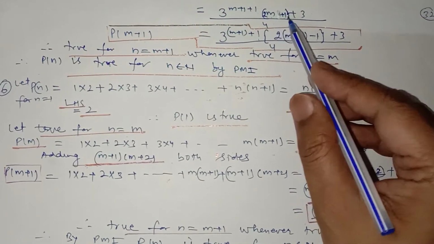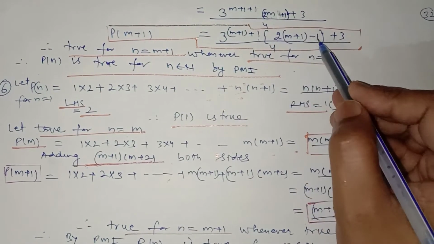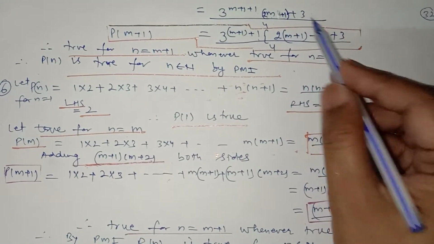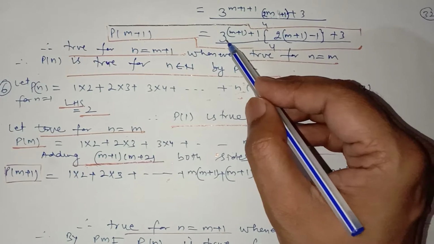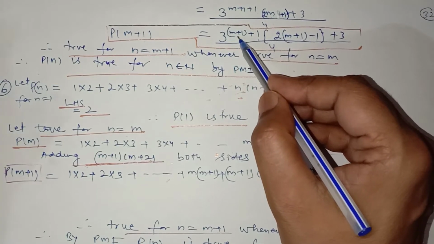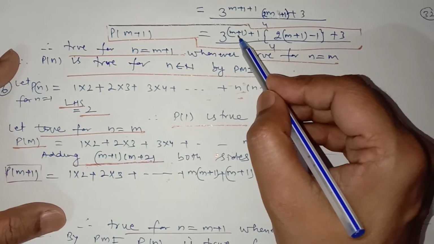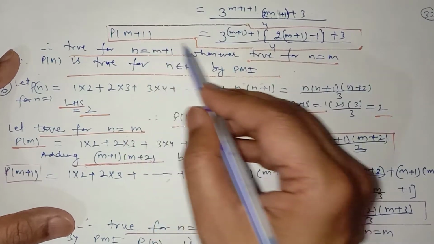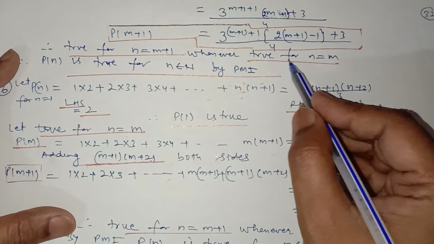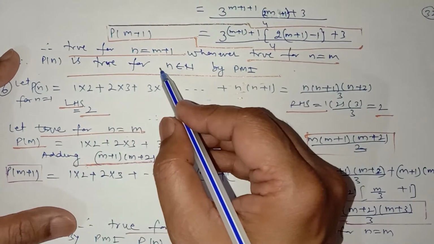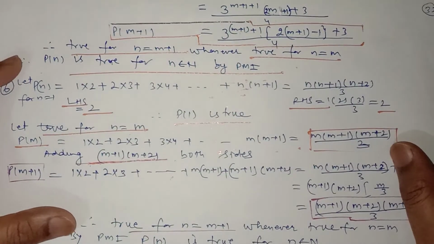In place of 2m plus 1, I have written 2m plus 1 minus 1, which is equal to this bracket itself, 3 as it is. For this, simply I have replaced the bracket, which shows that it is the sum of m plus 1 terms rather. So Pm plus 1 is equal to this. So it is true for n is equal to m plus 1 whenever it is true for n is equal to m. Therefore, by PMI, Pn is true for all natural numbers.